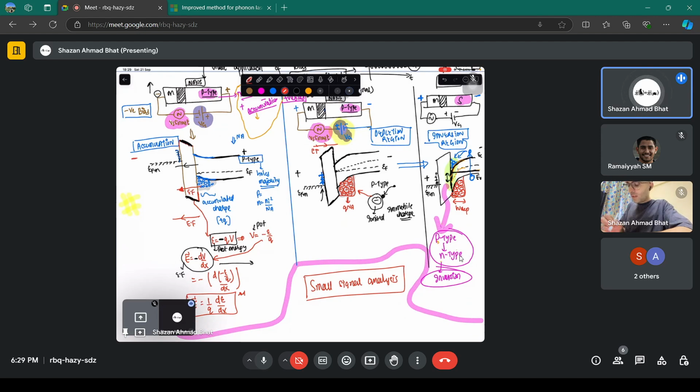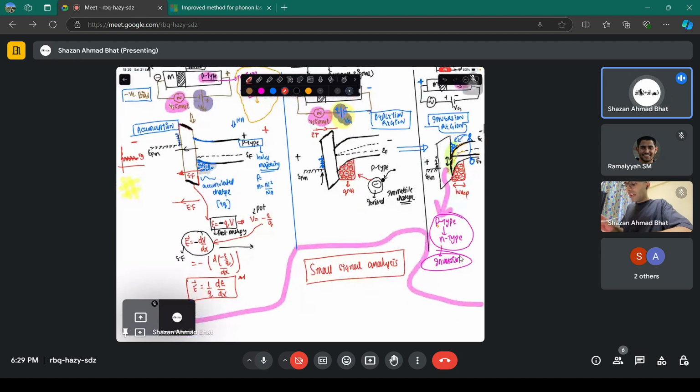Let's say you apply positive here, and now over the DC voltage of VG, you have a small signal oscillating. Because of it, in accumulation, there is going to be, I should say, no significant change, because it's very small.